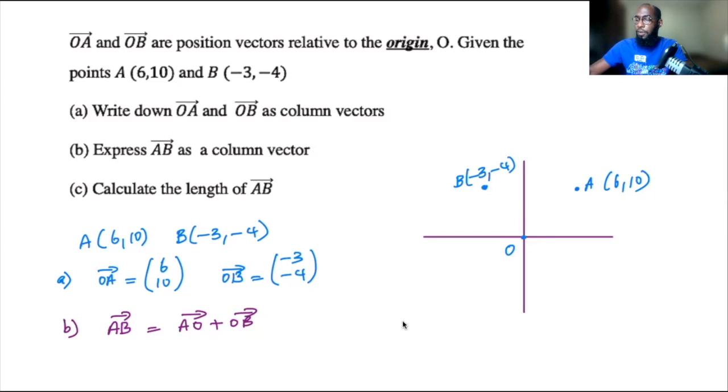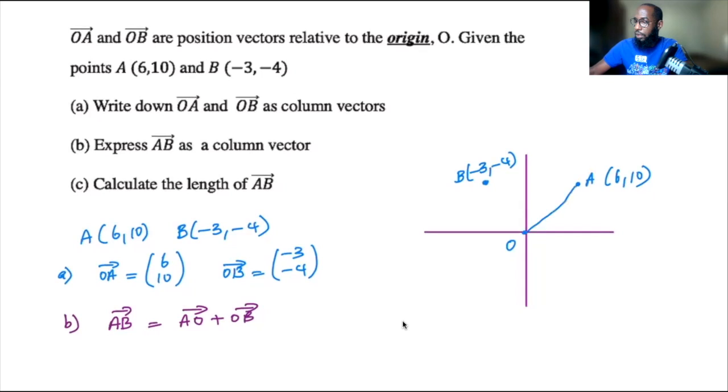Going from O to A, which is (6, 10), and O to B, (-3, -4).